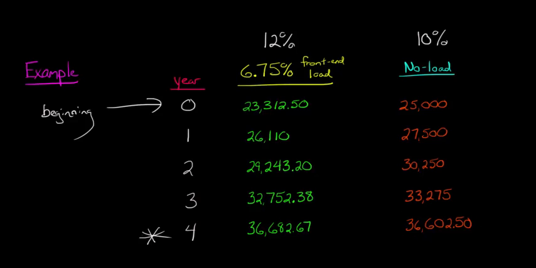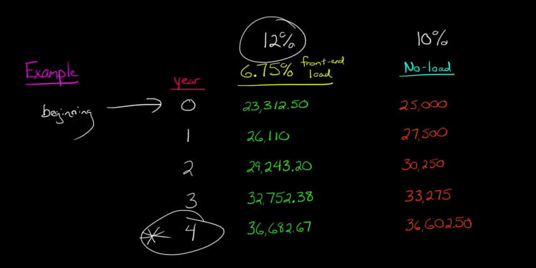The takeaway from this is two things. One, that reduction in the initial investment that brings you down to $23,312.50 off the bat is only worth it if the fund outperforms the no-load fund. For example, this 12% is higher than 10%. If they were both 10%, then obviously you would be better off with the no-load fund. But not only does it have to outperform, you have to hold on to it long enough to recoup.